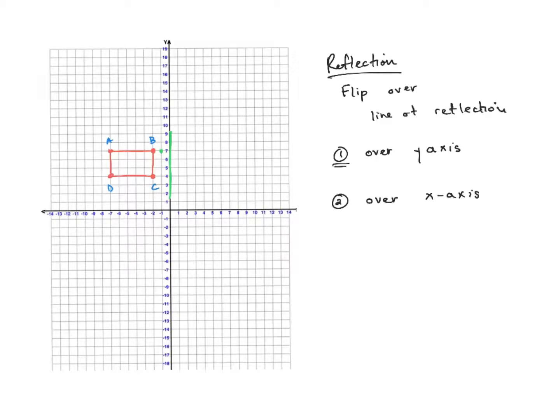Letter B is 2 to the left, so to flip that, I'm going to go 2 to the right. And here's my letter B. Same thing with C, 2 to the left, 2 to the right. And then look at the letter D here, which is 1, 2, 3, 4, 5, 6, 7. So we're going to go 7 this way, and the same thing with A.